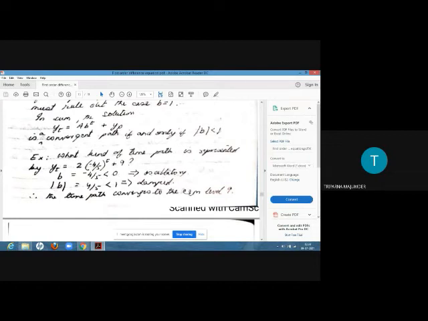That means it will give us an oscillatory time path. Now the absolute value of b is equal to 4/5, which is less than 1. So the oscillation will be damped. Therefore, the time path will converge to the equilibrium level.